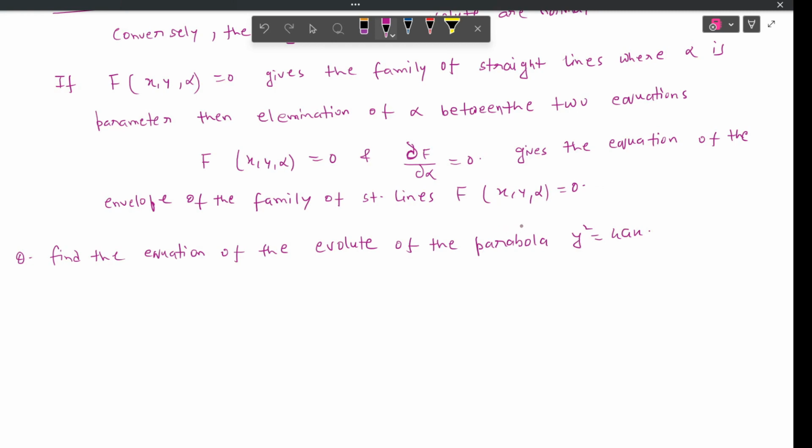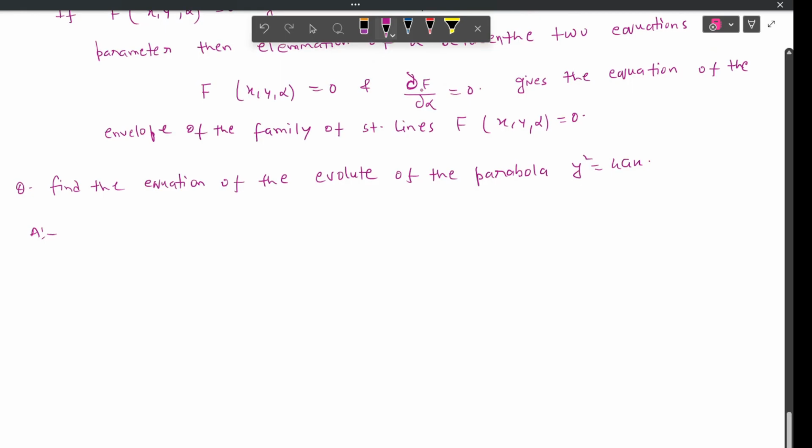Consider evolute as an envelope of family of normals. So we know the parametric form of parabola. This is x equals to a t square and y equals to 2at. This is the parametric form.